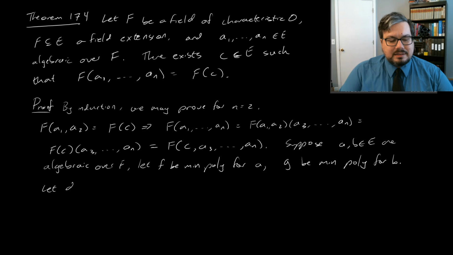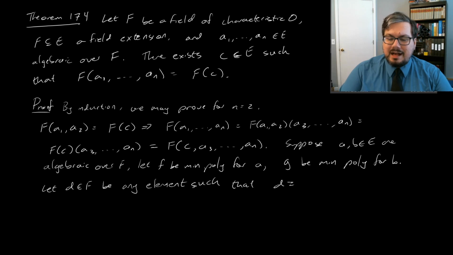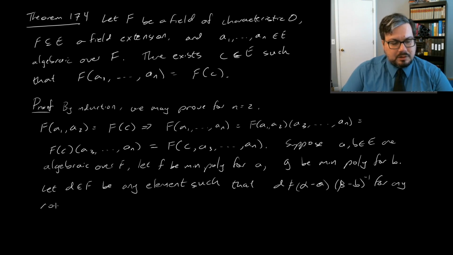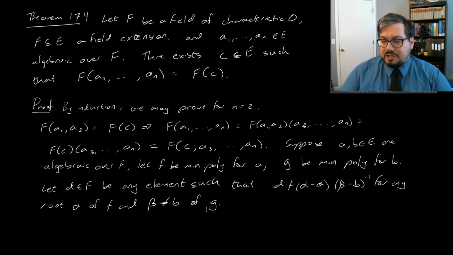Now let's let d in F be any element such that d is not equal to (alpha minus a) times (beta minus b) inverse, for any root alpha of f and beta other than b of g.